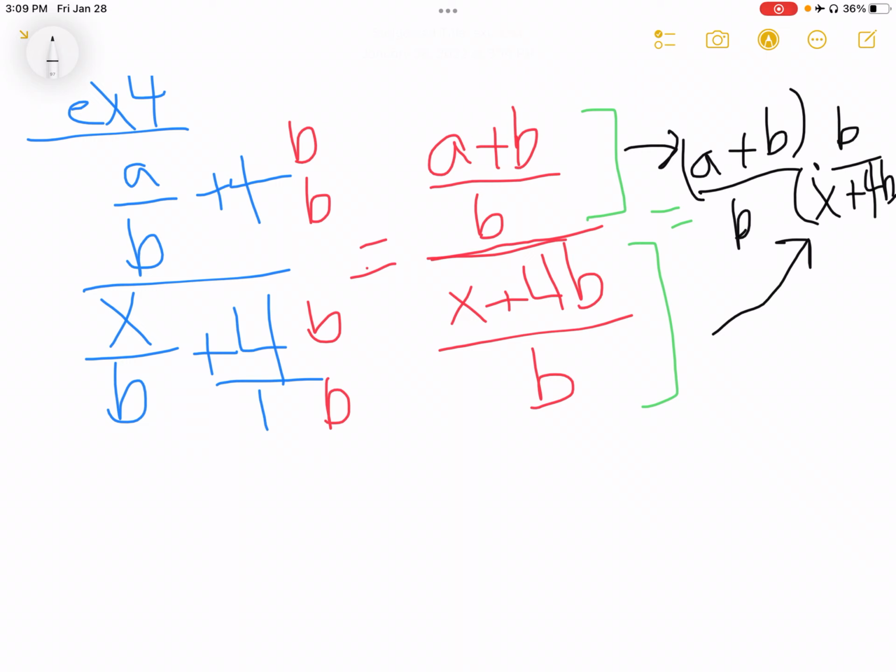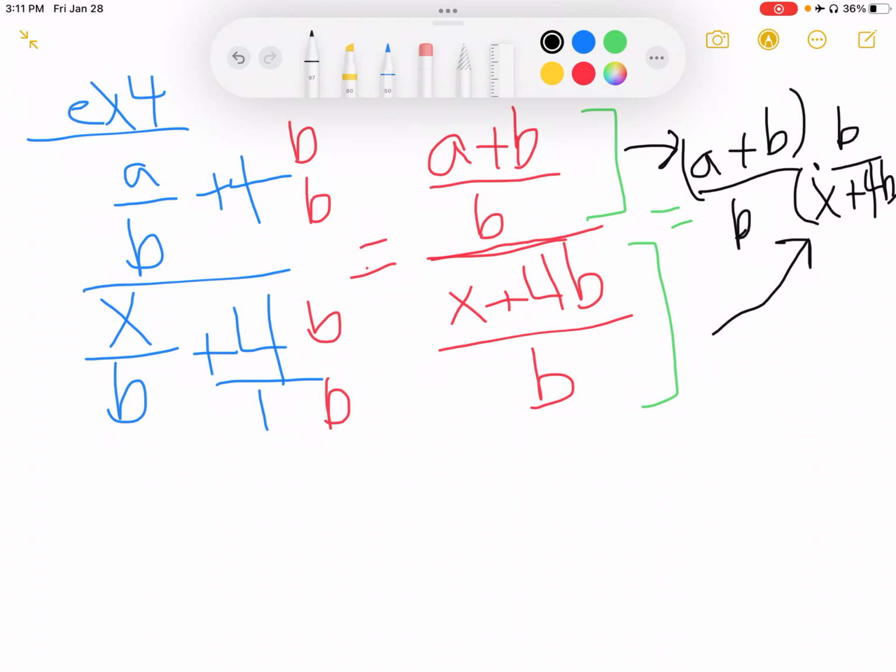But unlike our last case where we multiplied it all through, we can reduce before we even do this. Remember, when we multiply fractions, we can reduce them, sometimes called cross-reducing. Look for something common on the top of one fraction and the bottom of the other.